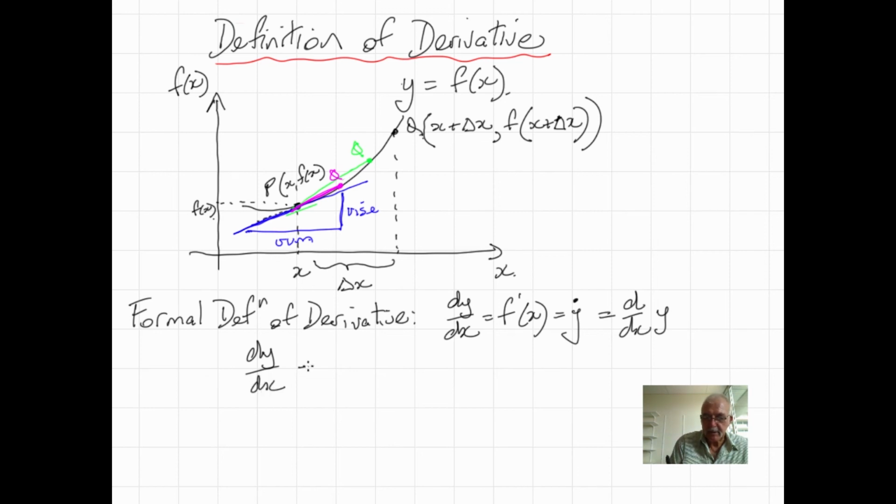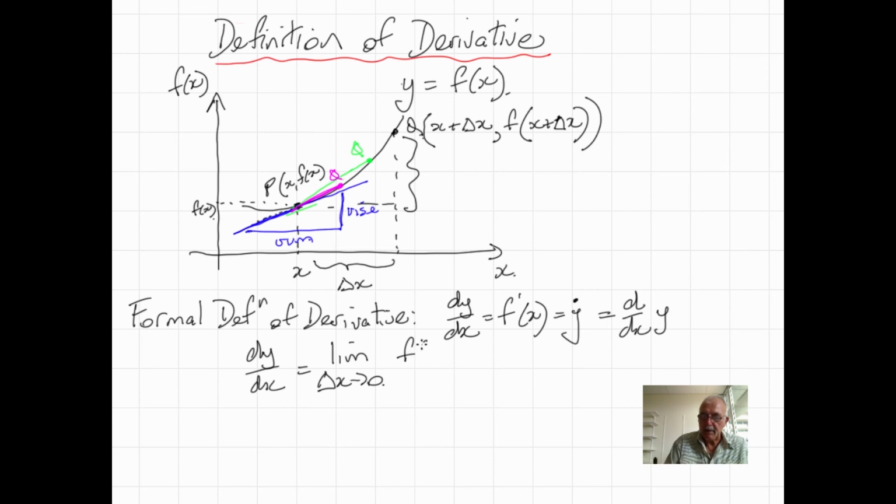So dy dx equals, this is my definition, the limit as delta x approaches 0. Now what happens there? As delta x approaches 0, it means Q gets closer and closer, and so close to point P that it's almost there. It's as close as you can get. What is the rise? The rise is that difference from y minus that one.